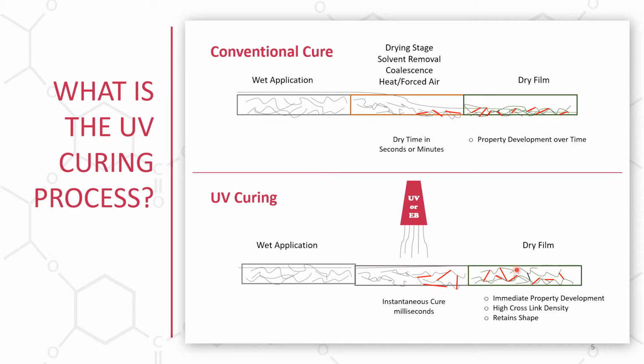However, you get your dry film, and what's important to notice is that the thickness stays the same because you're not losing any solvent. You get some very good quick property development, immediate if you're using free radical, a bit slower if you're using cationic. You get a high cross-link density, and you retain the shape of the coating.